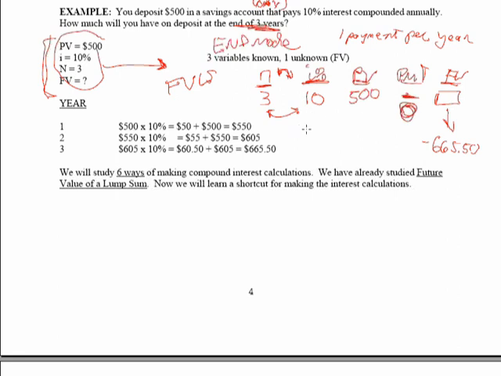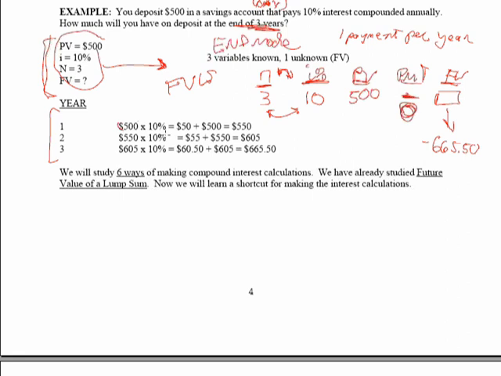Now, how did the calculator get this? Well, it made the calculation that you see below here. This packet also shows you, when possible at least, the manual calculations, step by step. Going back to the problem, we invested $500 for 3 years, and this is how it grows each year if it truly is an account that earns 10% compounded annually.